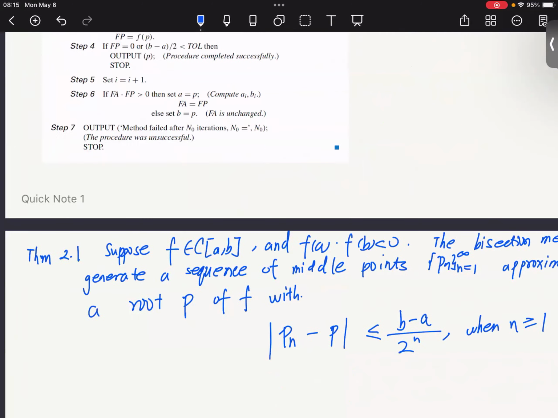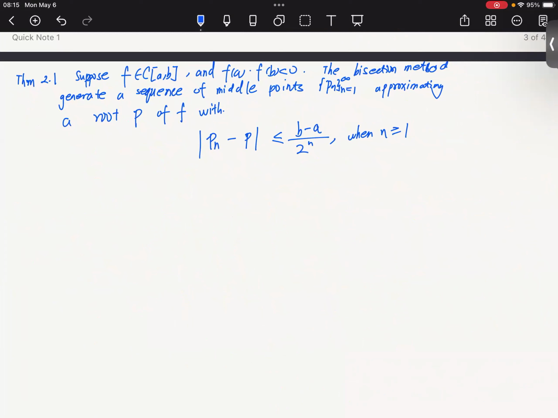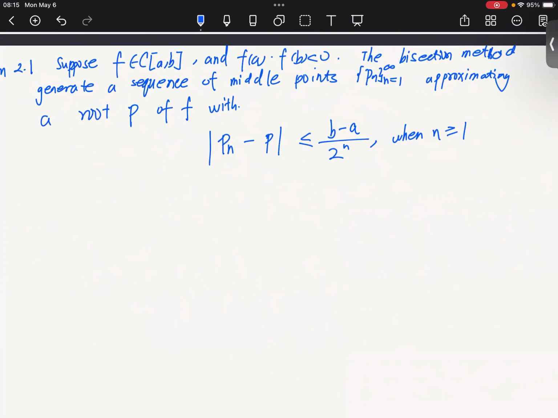So now we are going to prove this one. First of all, for any n bigger than or equal to 1, because this is the right endpoint and this is the left endpoint of the subinterval, the length of this one equals (b minus a) divided by 2^(n-1).